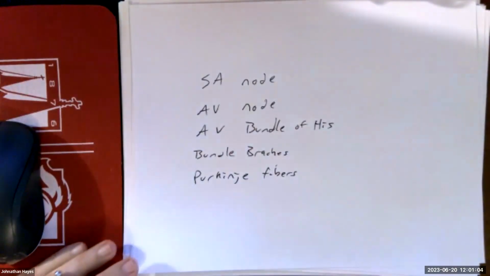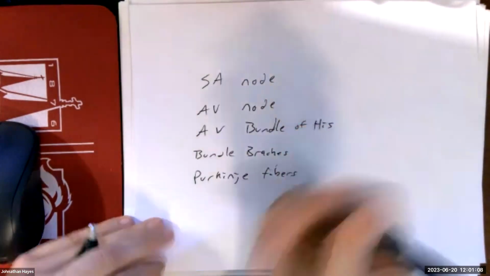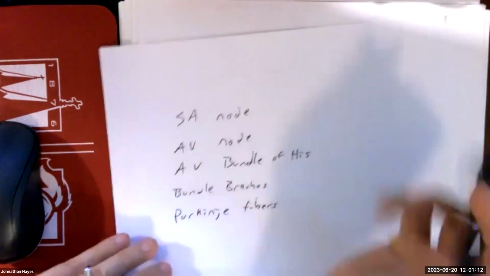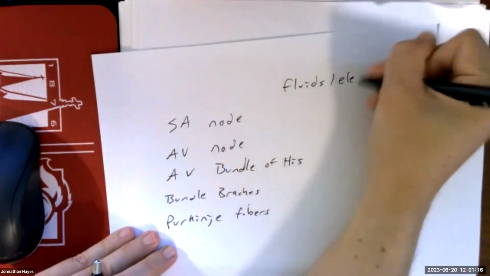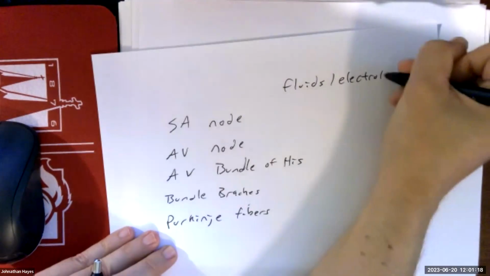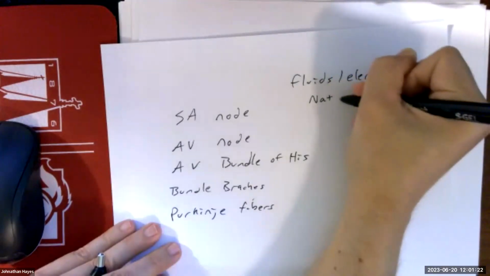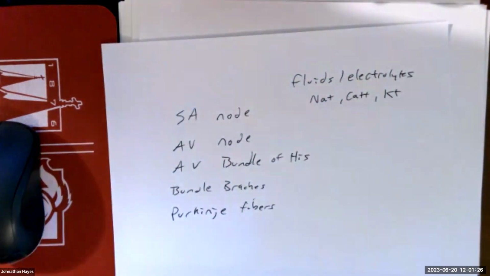And again, these are self-excitatory, like the SA node will fire on its own without any control coming from neurons, right? And it's based off fluid electrolyte volume. Specifically, the number of dissolved sodium, calcium, and potassium that's floating around in the blood and within the cell.